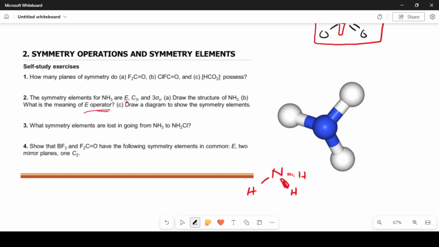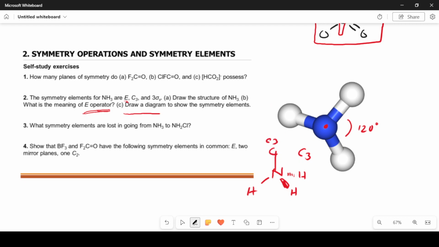It is just the molecule itself, okay? Nothing changes, there's no alteration. Now draw the diagram to show the symmetry elements for ammonia. In the top view, this is C3. Why? Because the bond angle here is 120 degrees.